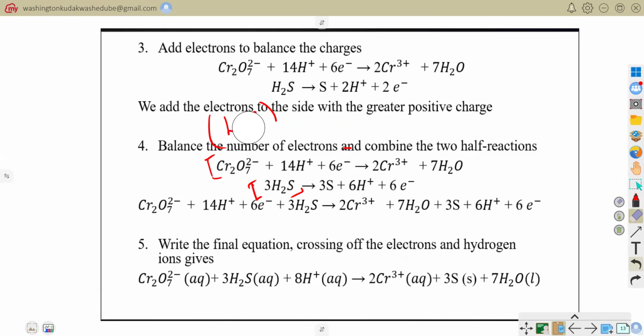So at the end of the day, what we are supposed to be finding there, we would actually get to find what? This on our left-hand side. On our right-hand side, we are also going to combine everything that is on our right-hand side here, as well as everything that is on our right-hand side here. We combine it, it becomes one. So we have got 2 chromium ions, 7 water, 3 sulfur, 6 hydrogen, and 6 electrons.